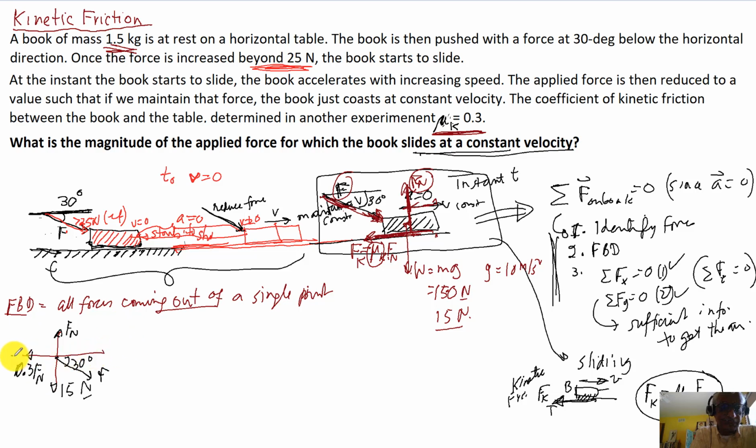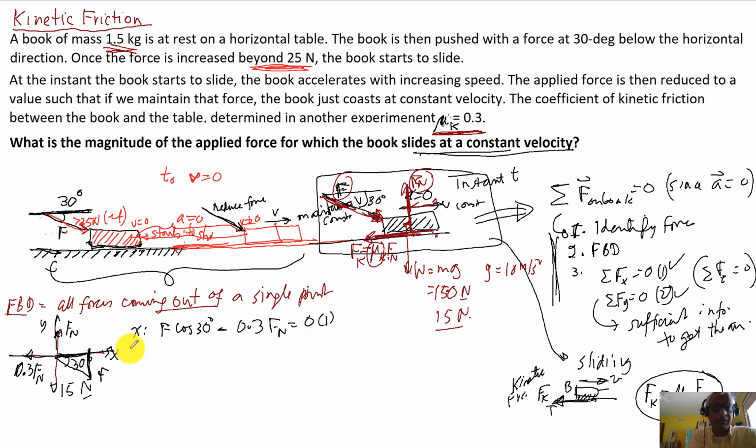From this let's call this the x-axis and call this the y-axis. So the x equation will be F cosine 30 degrees, and this will be plus because the projection is on the positive x-axis, and this one has nothing along the x, and this one along the x is negative, minus 0.3 Fn equal to 0.